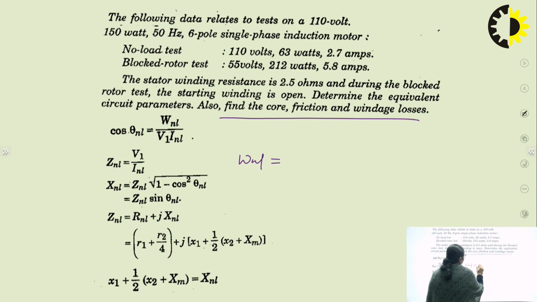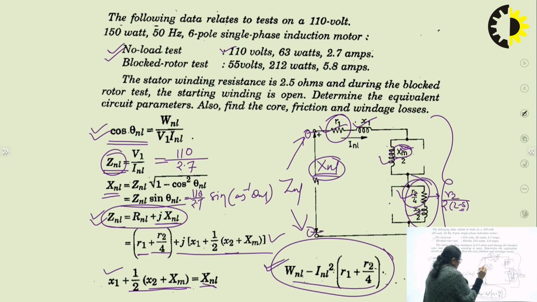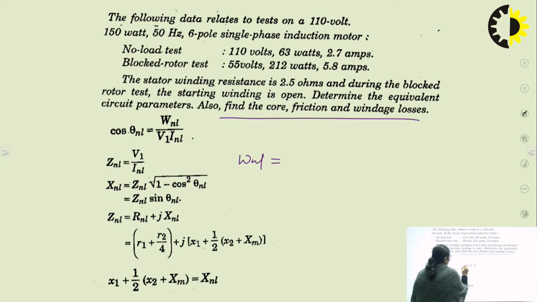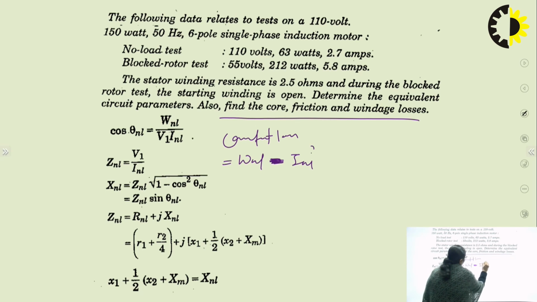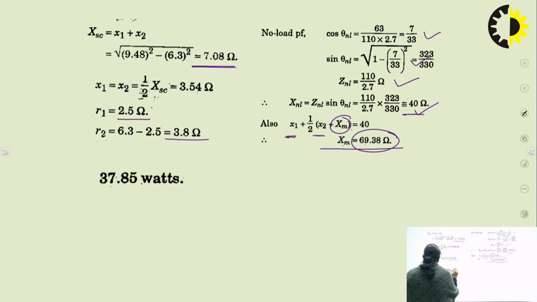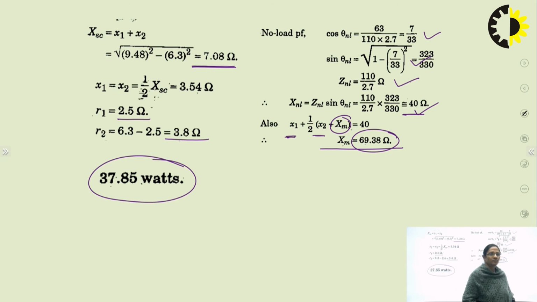So, constant losses can be written as WNL minus INL square into R1 plus R2 by 4. We have all these values, R1 as well as R2 we have calculated. Solving this, you will get the constant losses amounting to 37.85 watts, right?